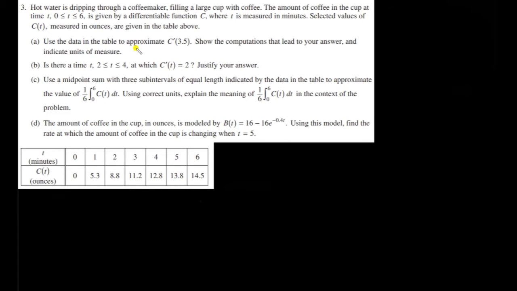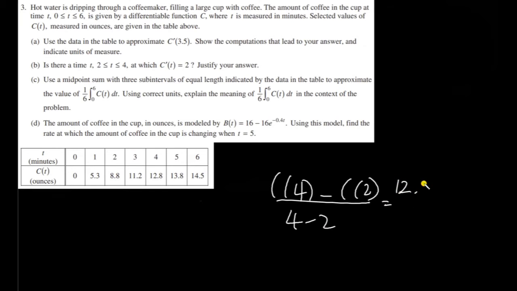So we know that the mean value theorem applies, and we need to find the average rate of change between 2 and 4. The average rate of change is c of 4 minus c of 2 over 4 minus 2. That's 12.8 minus 8.8 over 4 minus 2, which is 4 over 2, which is 2.